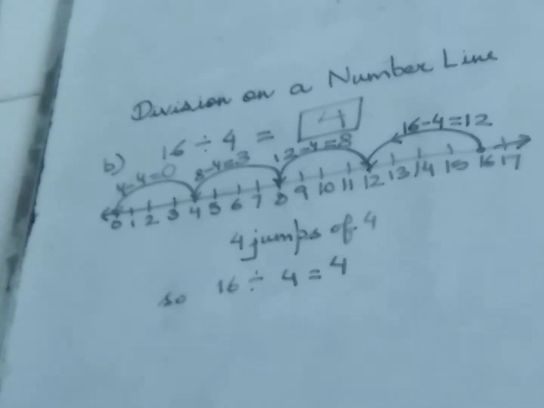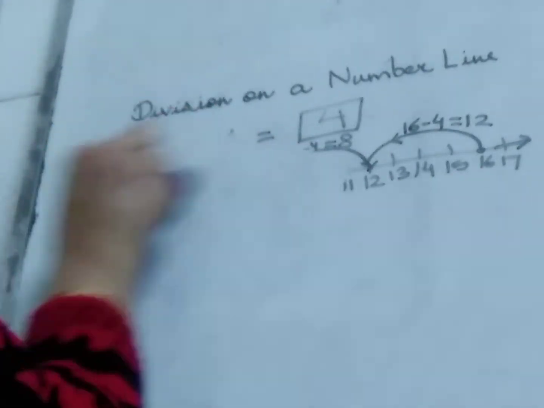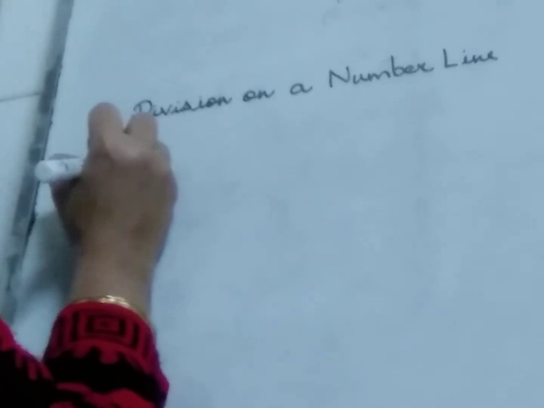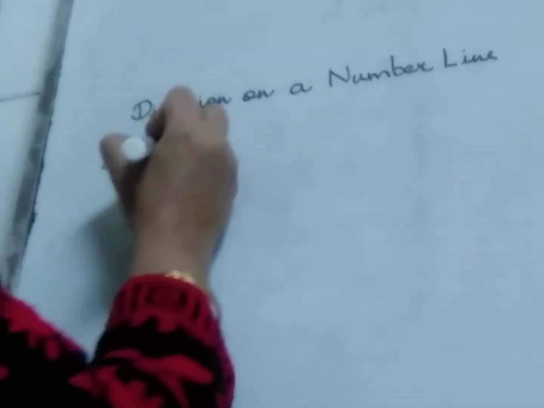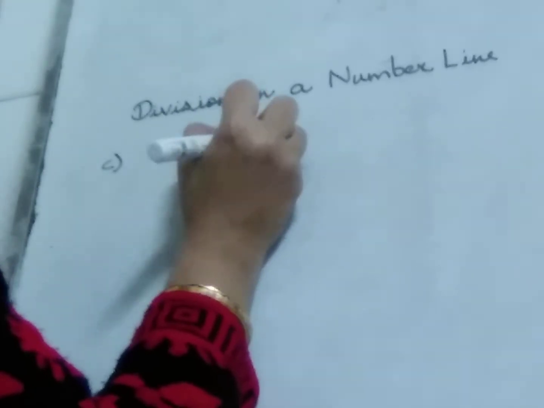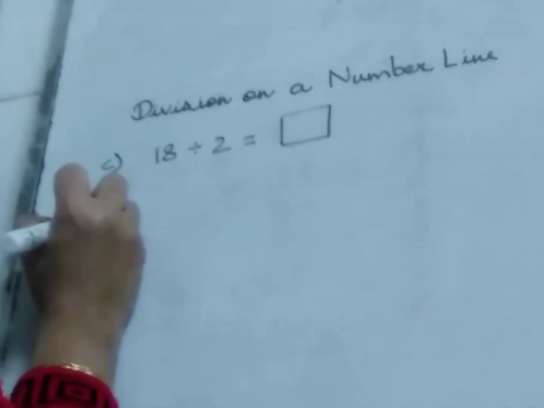Now come to the next question. Your C part is 18 divided by 2 is equal to blank. Make a number line.